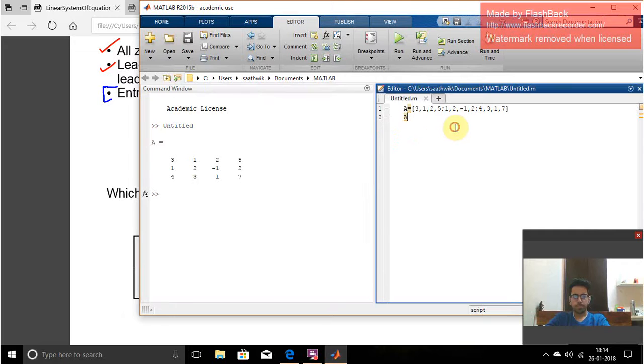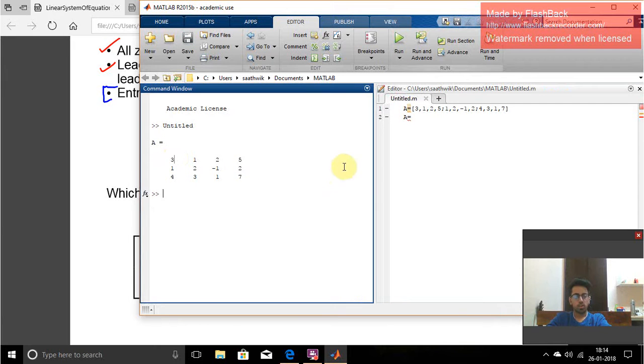Now, as we know, if this is the leading non-zero entry, these two must be zero. So we will start off with making this zero.